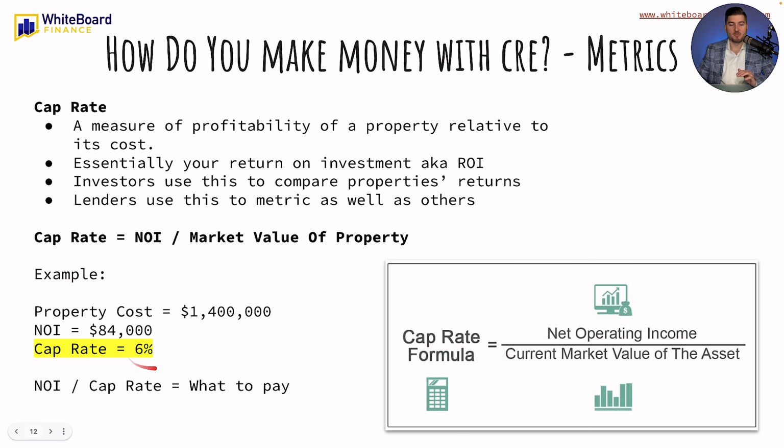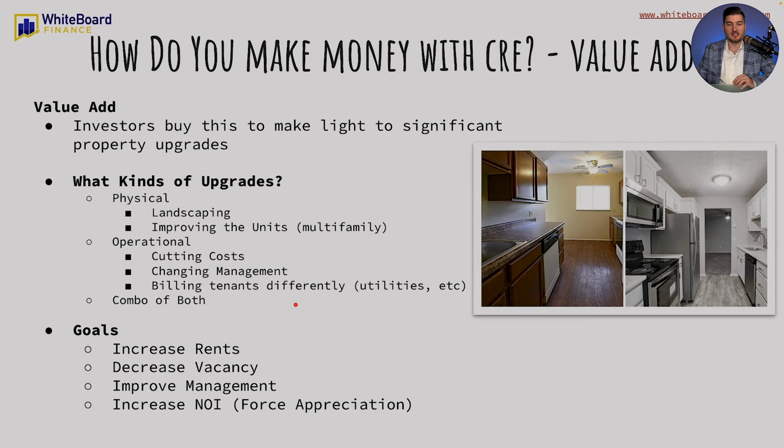Your cap rate is going to be 6%. Now, you can also do this in reverse, okay? This is middle school math. If you take your NOI divided by your cap rate, so $84,000 divided by 0.06, aka 6%, you'll know what is a fair price for the property because of its income stream. Make sense? Okay, glad that made sense.